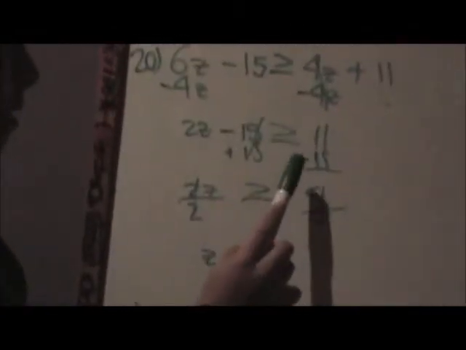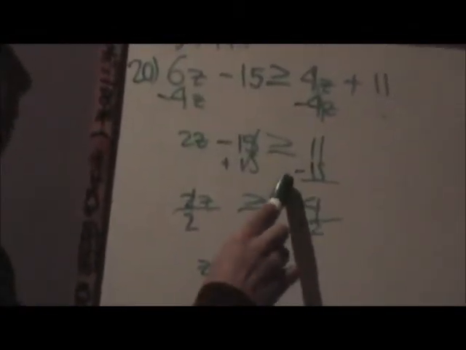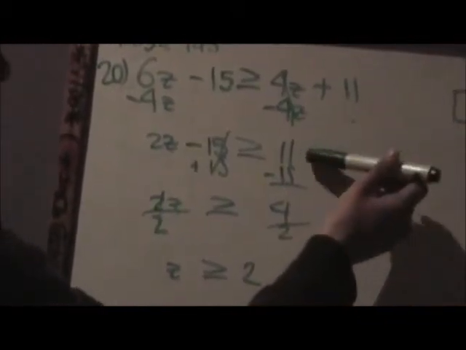So for us to make the equation and just leave the z, we're going to remove the 15. The way you can see it here, that is minus 15 plus 15. So it's removed. And here is plus 11 and minus 15.